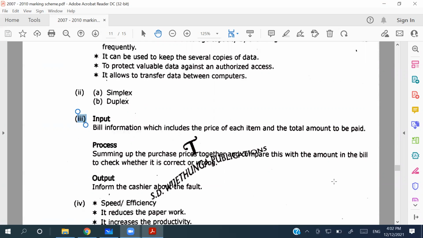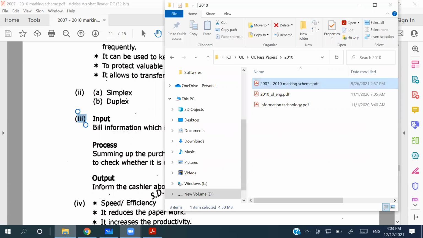And meanwhile, I'll show you the 2011 marking scheme for the MCQs. You may mark it and let me know the incorrect questions, right? Incorrect question numbers, actually.